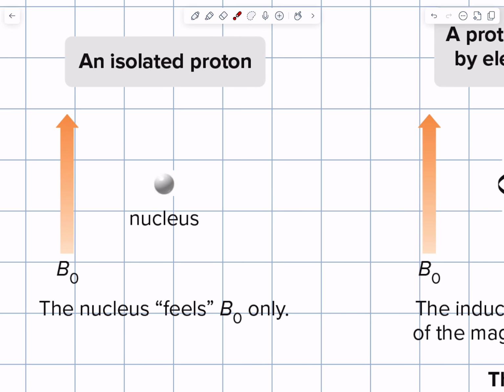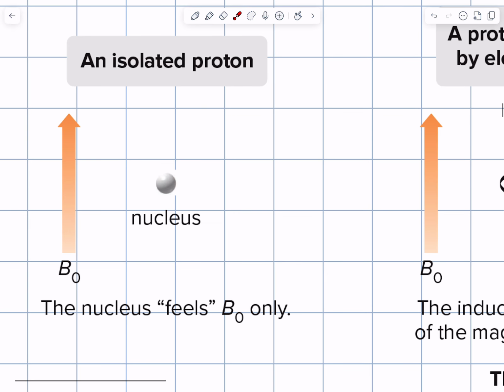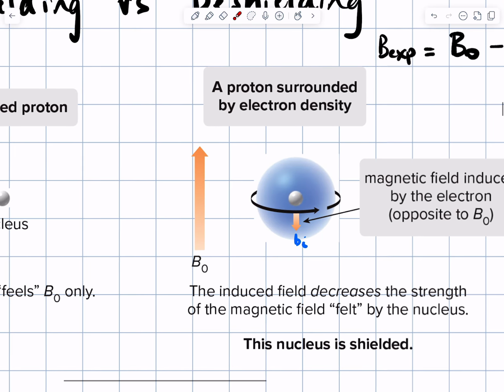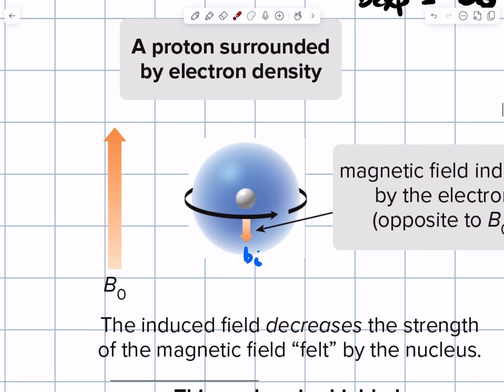It experiences only the external magnetic field, the orange B0. Here is a proton, rather, surrounded by electron density. We're not saying how many electrons, maybe these are electrons in a bond that the proton is involved in. They tend to circulate in a way that opposes the external magnetic field.